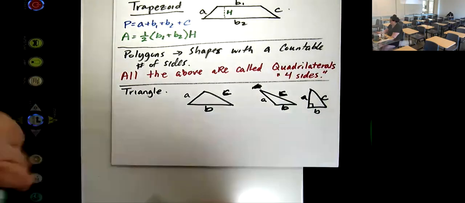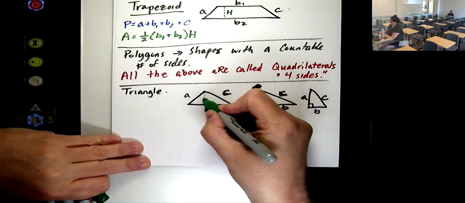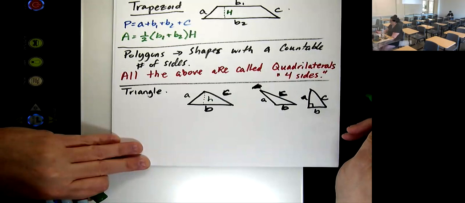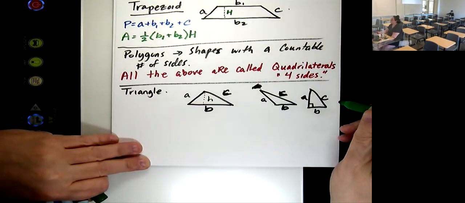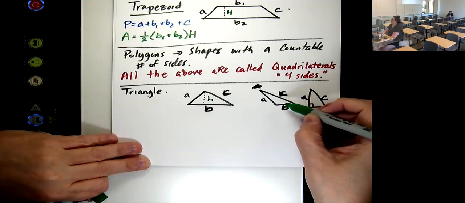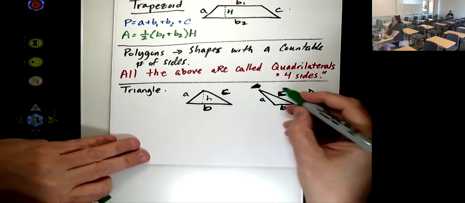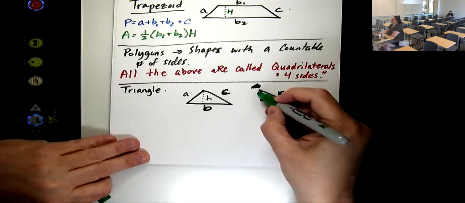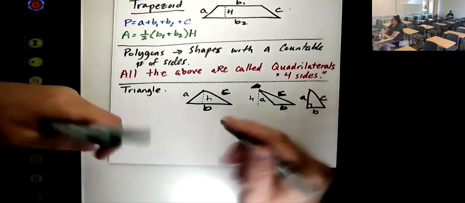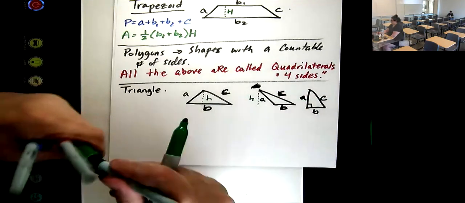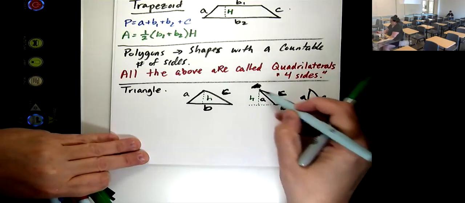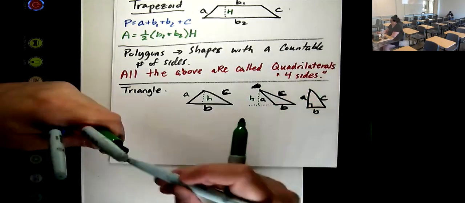To get the area, we're gonna need the height. In a triangle that looks like this, it's that. In this triangle where we have an angle that's way bigger than 90, we drop it down like that, and we call that H. You extend this line out, and then you figure out how far it is from that top.